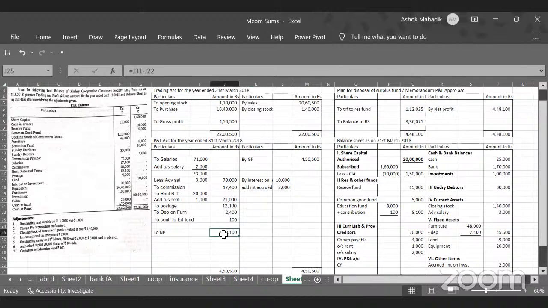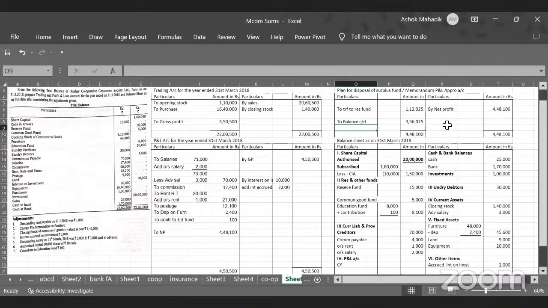Now this net profit will directly go. See the profit which we got here, 336,075. Although normally we transfer to P&L, it will be done later on. We'll just write balance c/d. This is proposed. So these items which are appearing here in plan for disposal will not be posted to the normal balance sheet.